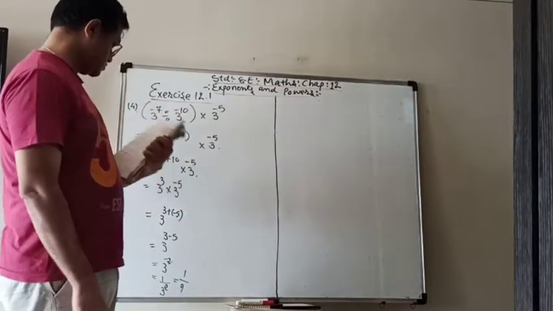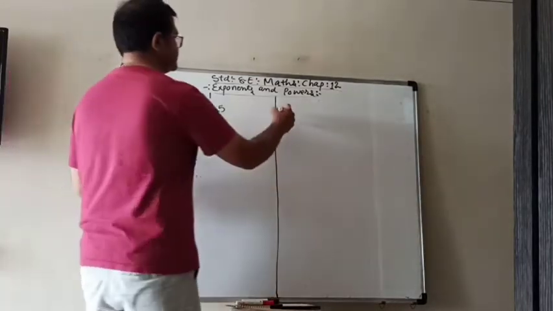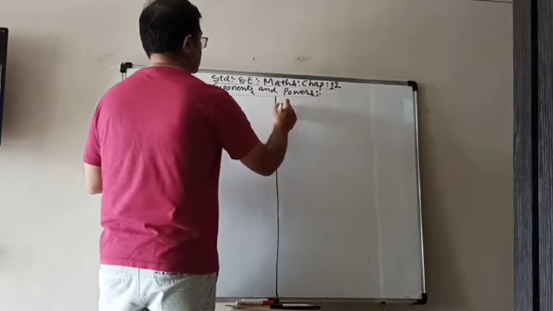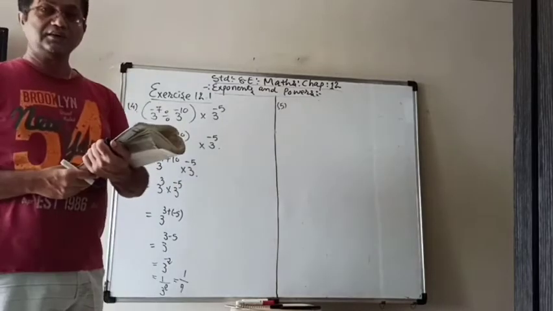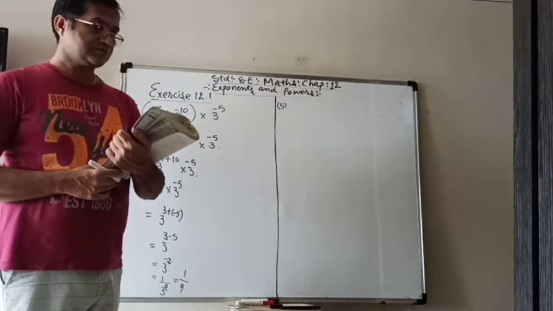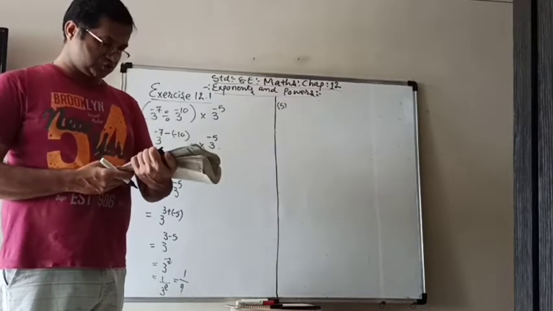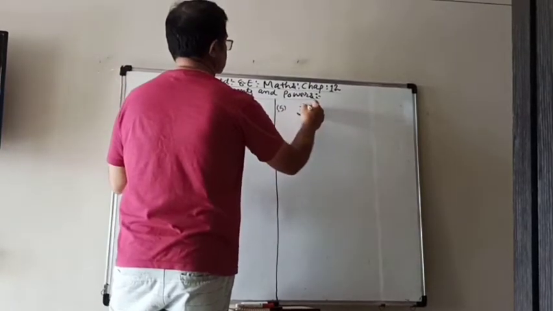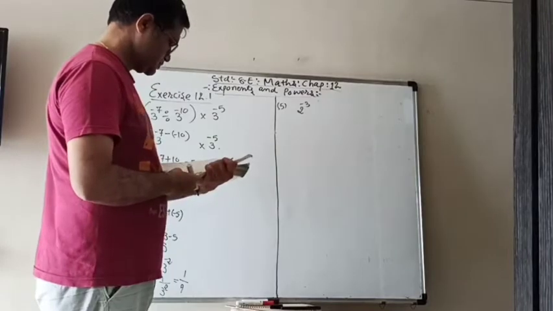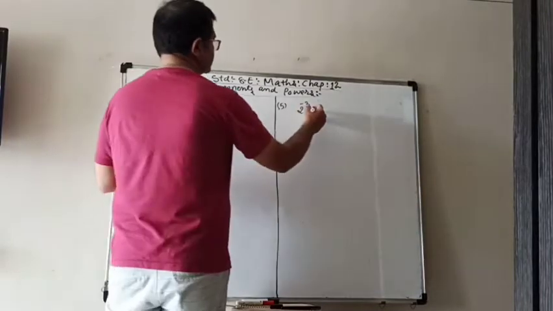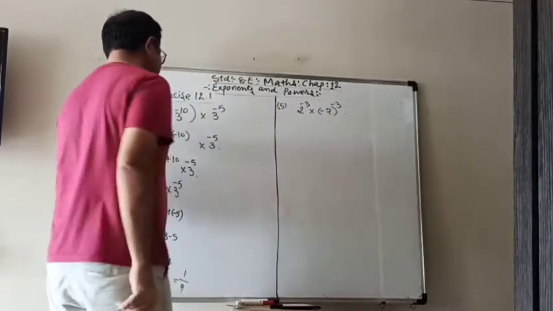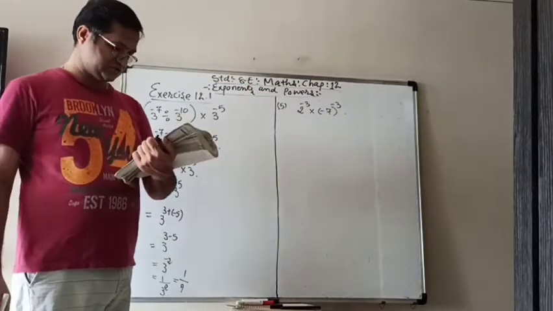Then the fifth one. In fifth one, it is 2 raised to minus 3 multiply by minus 7 raised to minus 3.